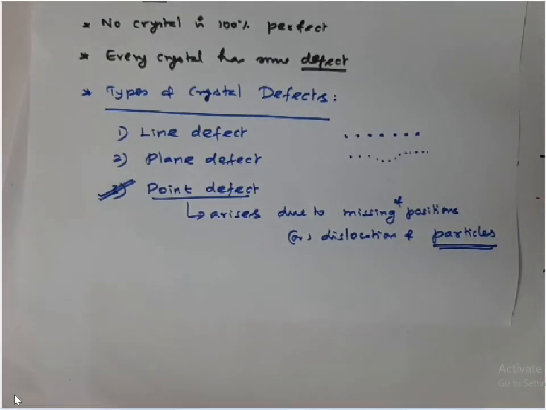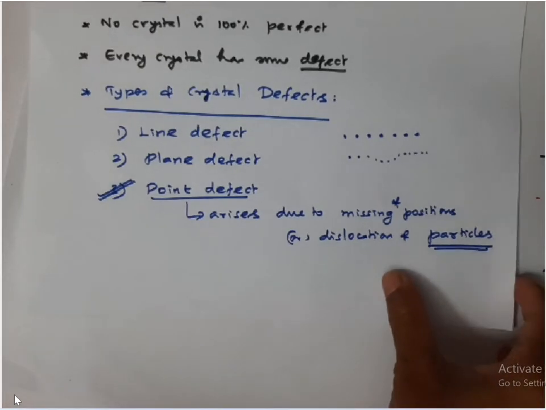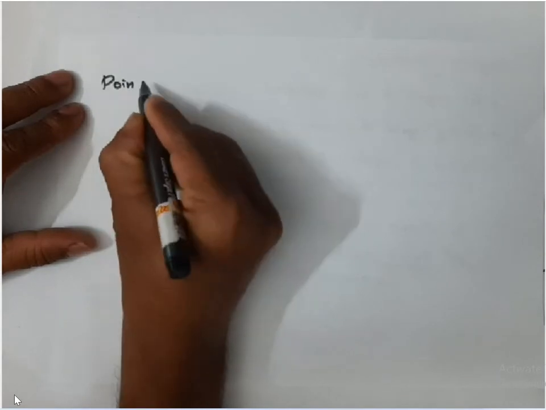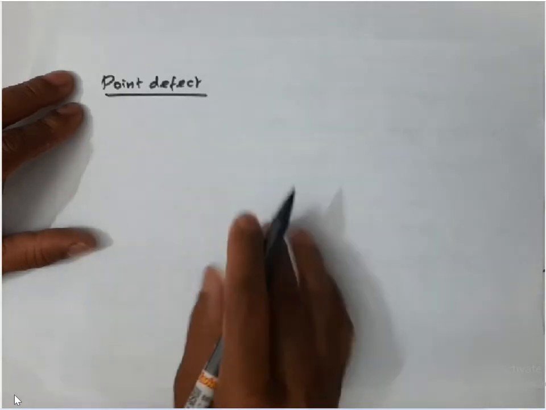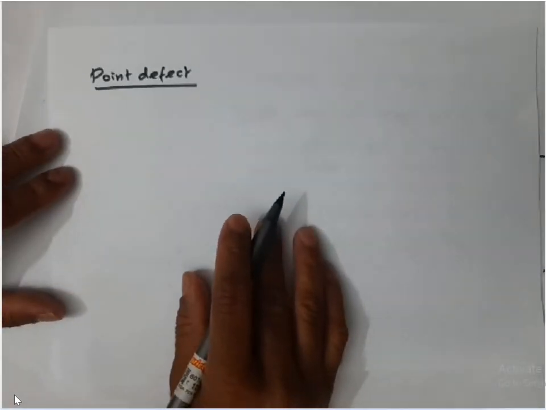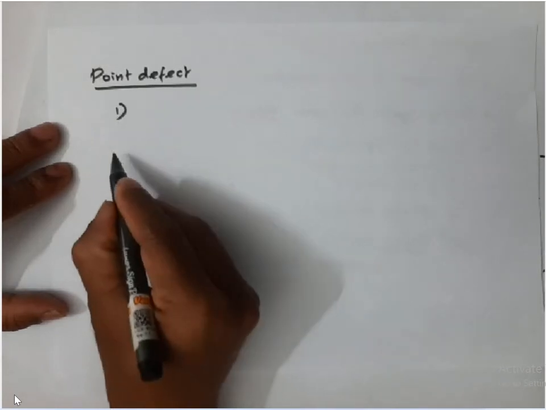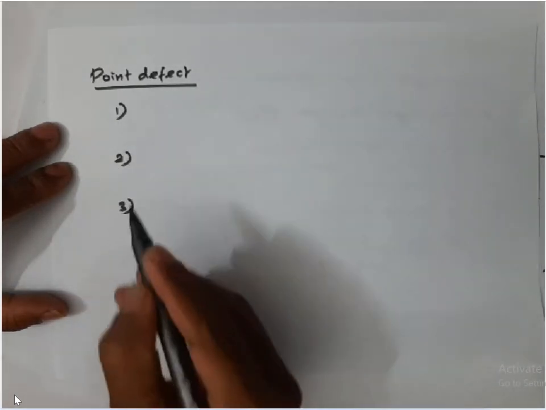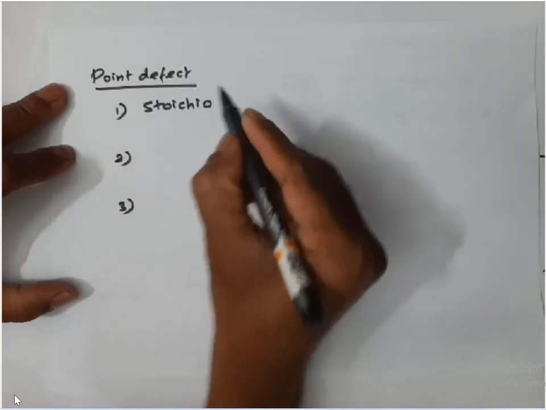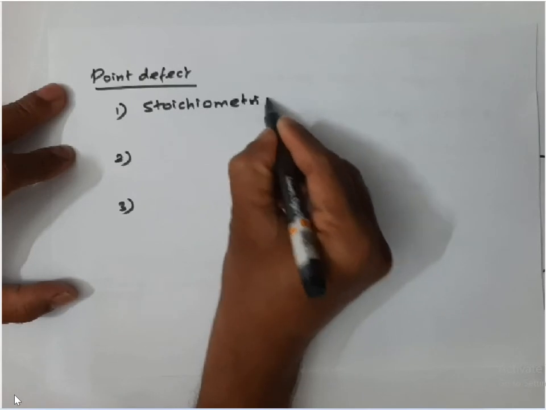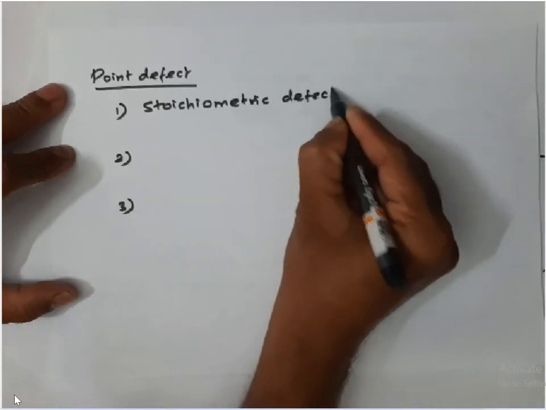Now, we classify point defects into three. Let me write here. Point defect: we classify point defect into three types. Number one, stoichiometric defect.